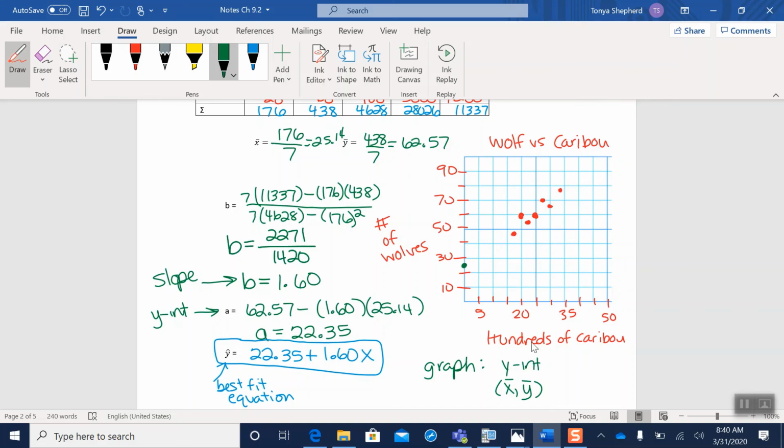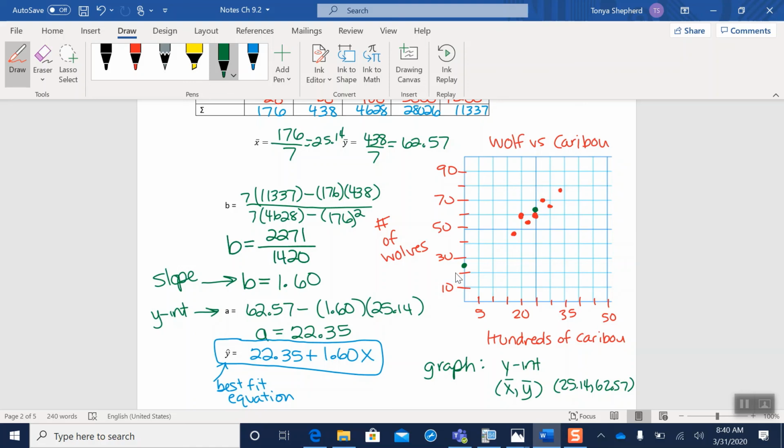Okay, and my x bar, y bar point in this case is going to be 25.14, 62.57. So I'm going to graph that point, 25 and 62. If I had a ruler that I could use here on the computer, I would.